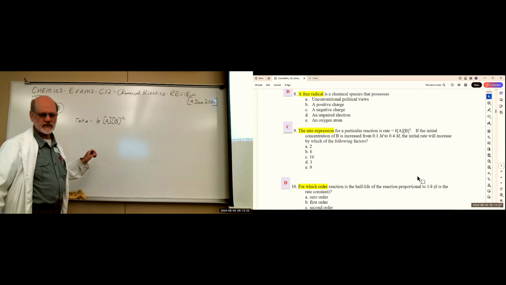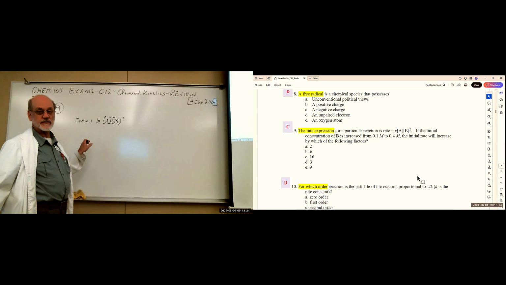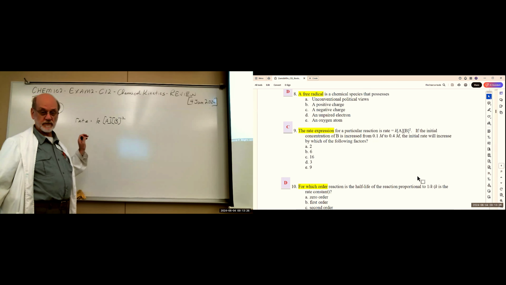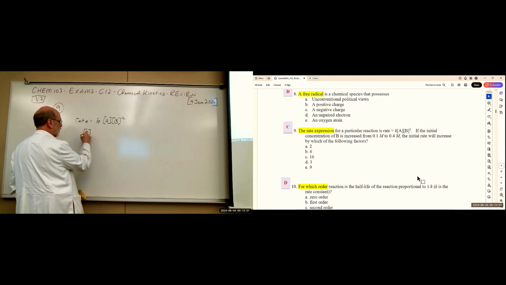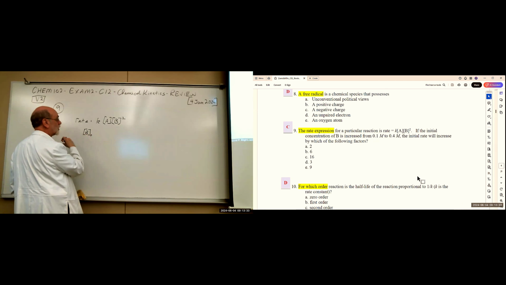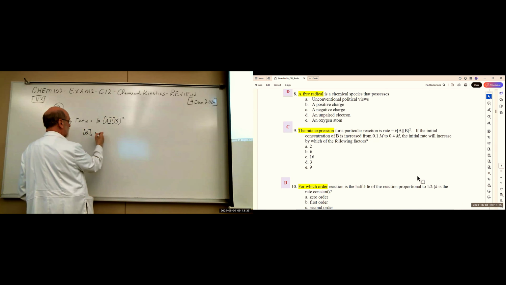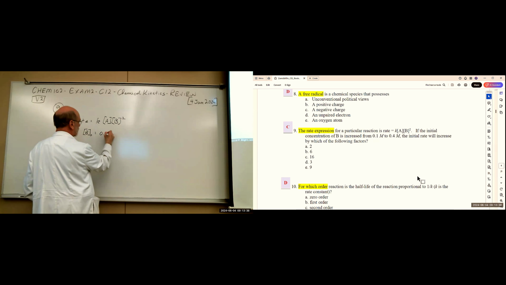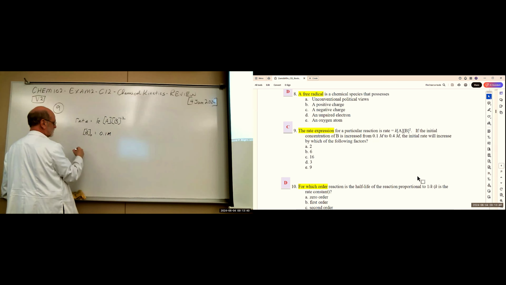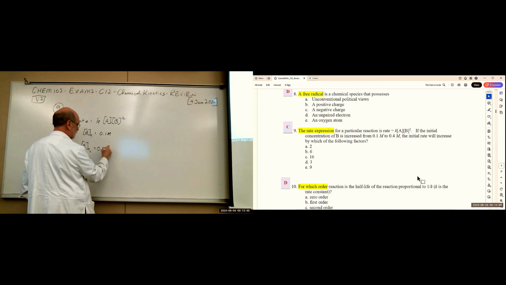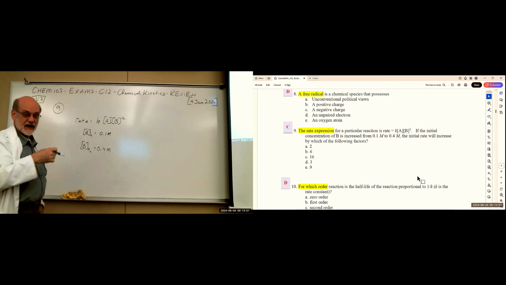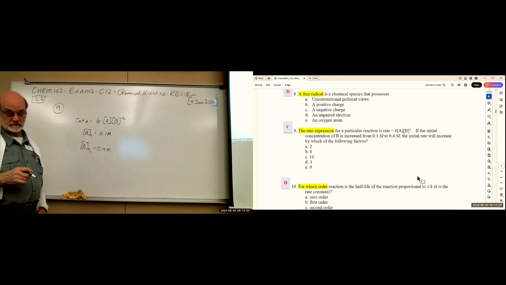If the initial concentration of B is increased from 0.1 molar to 0.4 molar, so say in one reaction we have B set at 0.1 molar, and then we do the reaction again, only this time we increase the concentration to 0.4 molar. How is that going to affect the rate?